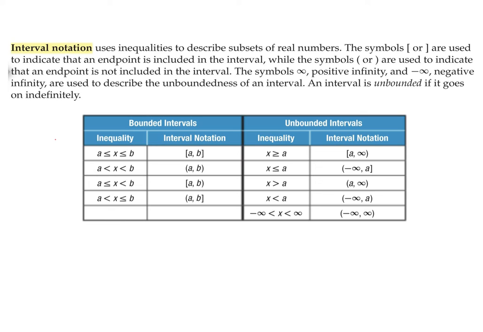And unbounded means we are going on from either negative infinity to a number or from a number to positive infinity. And we use a little squiggly symbol of a sideways 8 to denote infinity. And if it's a negative infinity, we would include a negative to the left of the symbol.